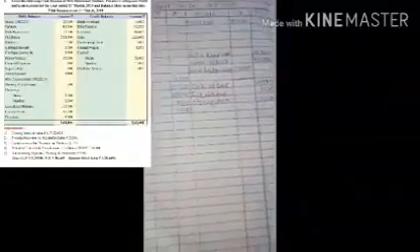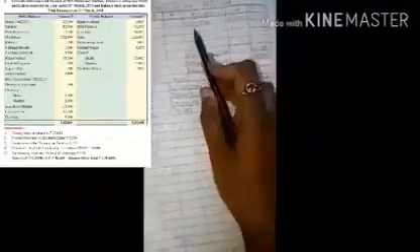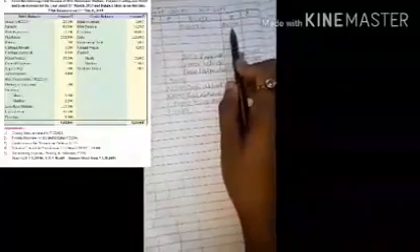Second adjustment is provide provision for doubtful debts 2,000. Provision for doubtful debts means new RDD. Doubtful debts will be calculated on sundry debtors, and sundry debtors are in the balance sheet. So we have written the very first item, debtors. On it we have to calculate the RDD amount.